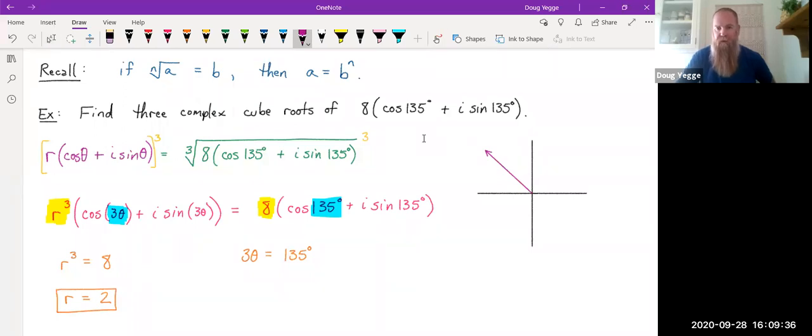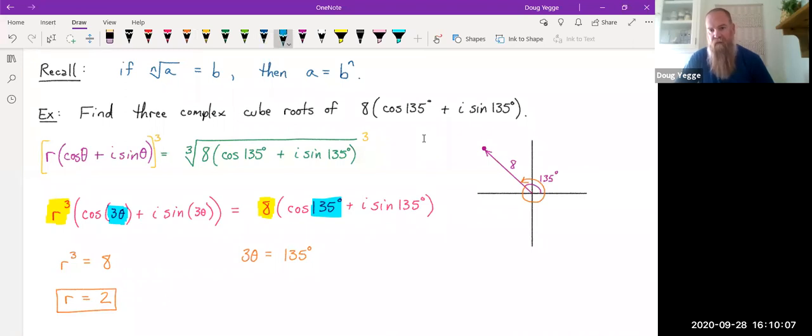In other words, if we know that 135 degrees is going to be this angle, and we know that the radius out to this point in our real and imaginary axis is going to be 8, what we're trying to do is find the cubed roots of that number. What number times itself 3 times would give me this result? Well, realize that any number that's coterminal to 135 degrees will also give me an answer.